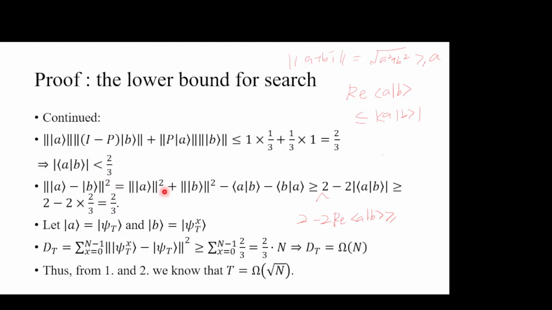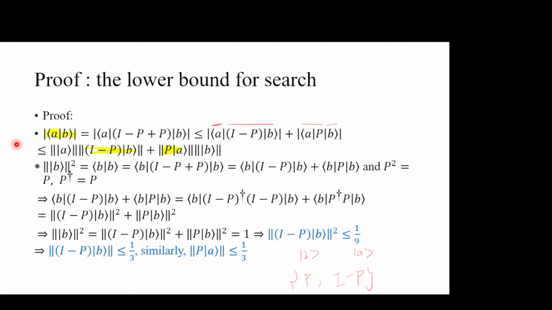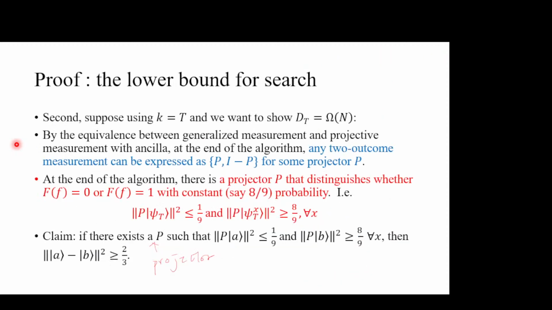And now we want to go into a bit of information theory. We have this projector distinguishing two states, and if we have a projector distinguishing two states, how far away must the two states be?